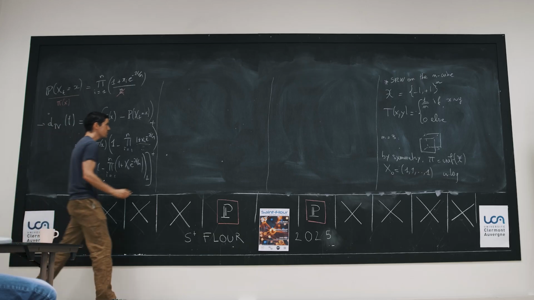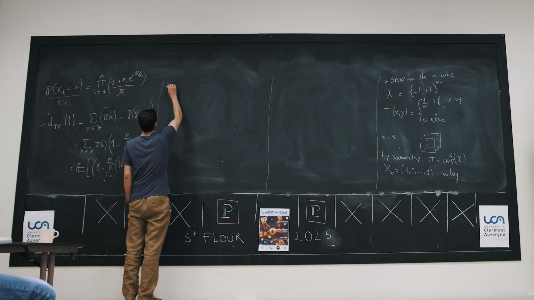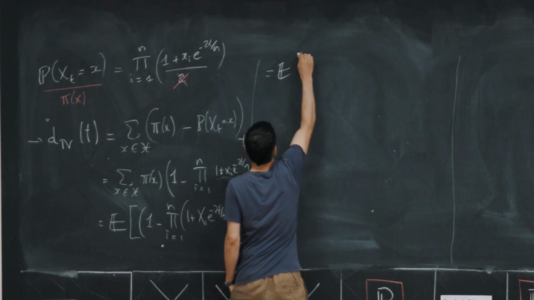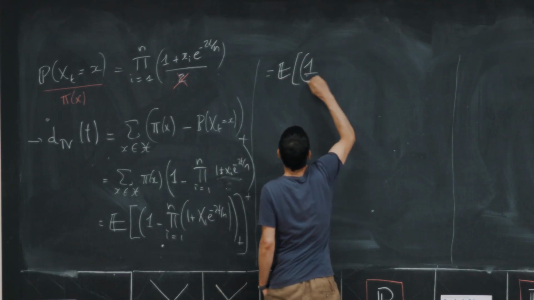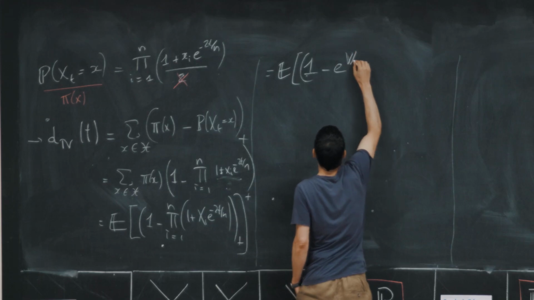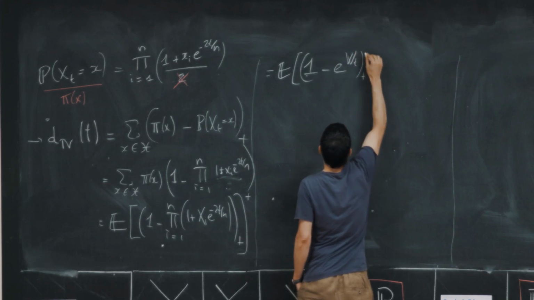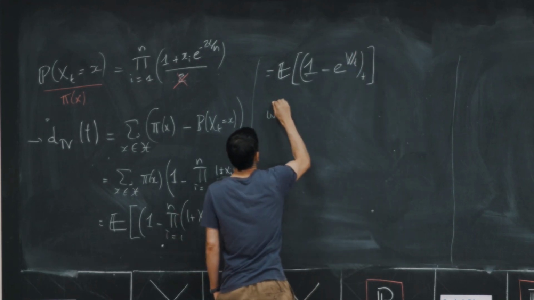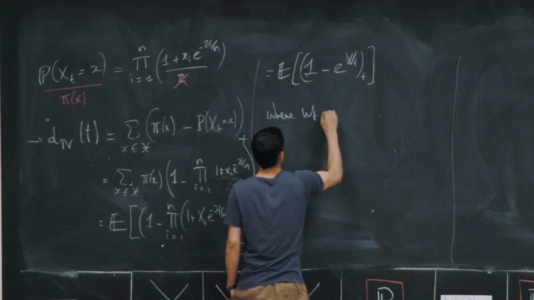Okay, so let me introduce this quantity. You can rewrite this like that. So it's the expectation of the positive part of 1 minus exponential of W_t, where W_t is just the log of this quantity.